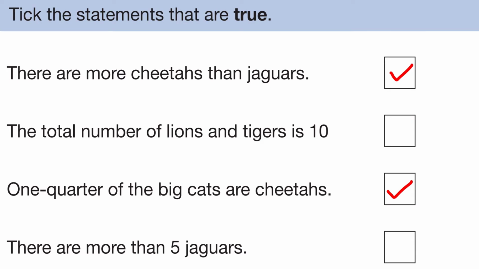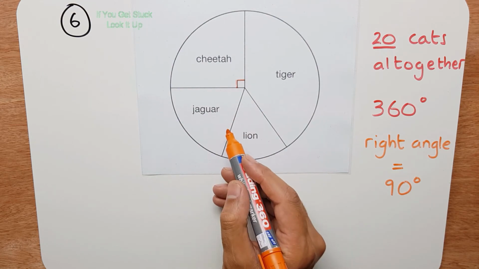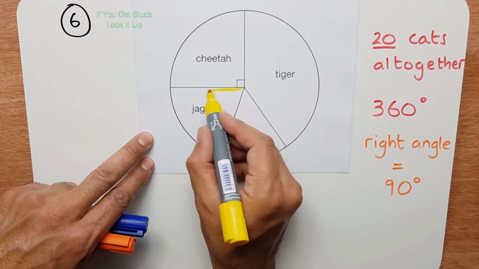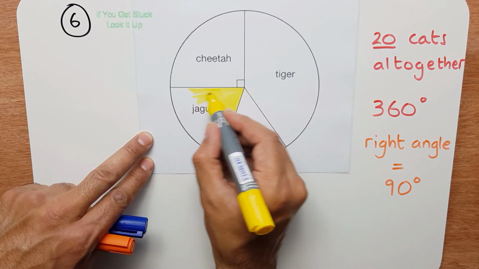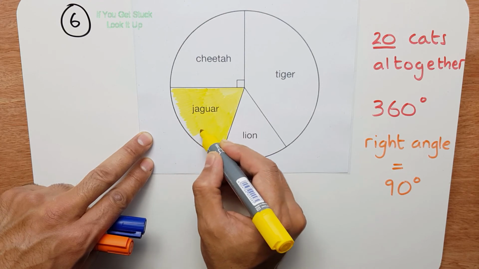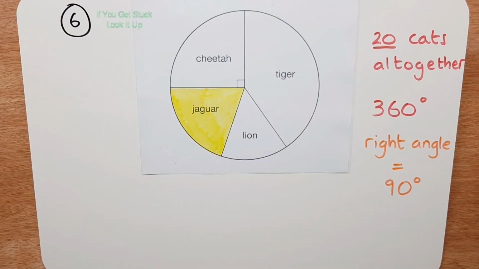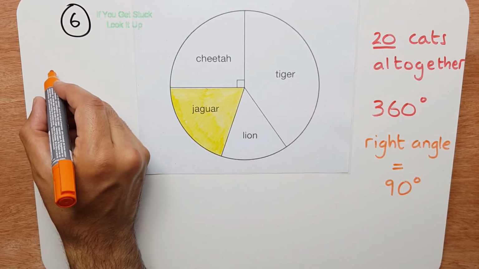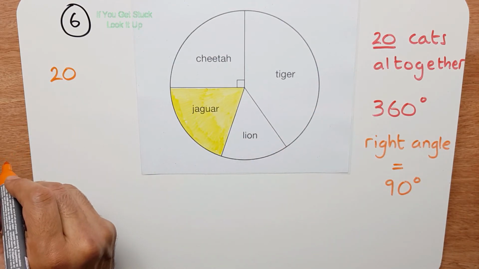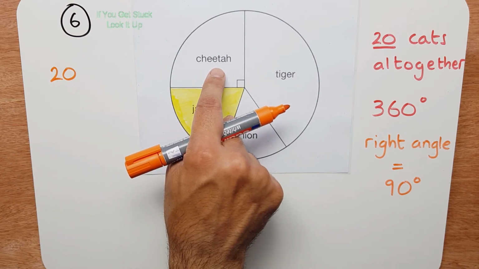And the fourth statement is there are more than 5 jaguars. Now, if we look at the sector for jaguars, let me just shade that in. Now, altogether, there's 20 cats. And let's look at cheetahs.